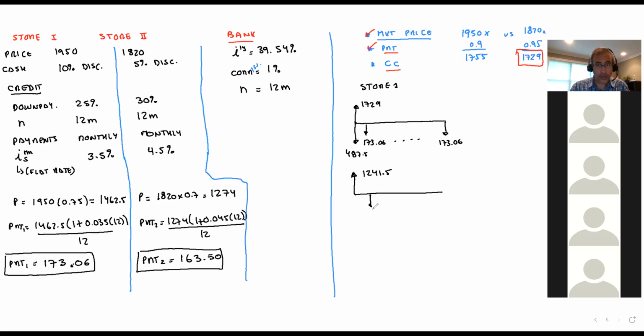And then this goes 173.06, 12 periods. So this is for store one.